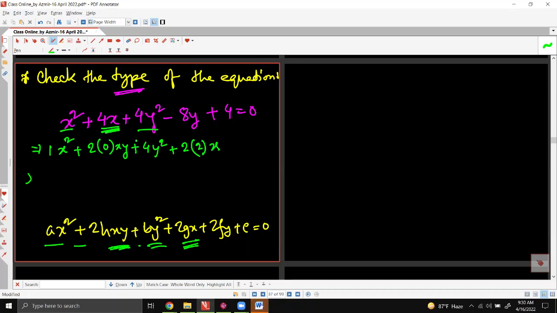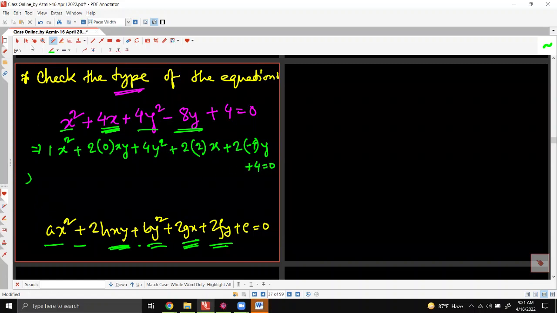So this is how we have to balance the next equation and the previous equation. Now plus 2fy, so to get minus 8y, we have to multiply by minus 4. So that means we have now minus 8, and we have plus 4 equals 0.